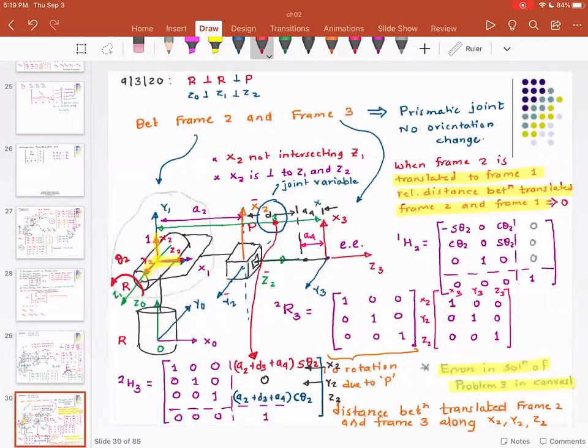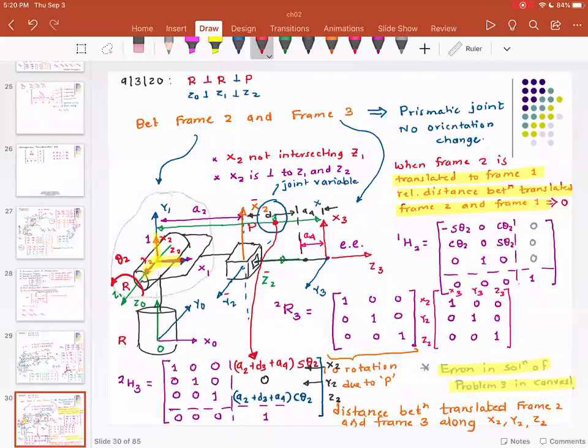Now, let me go back to the point of confusion, and this may need a little bit of thinking on your side. First and foremost, we translated the frame. This frame got translated from its original position, which was at the prismatic joint, all the way to the revolute joint.